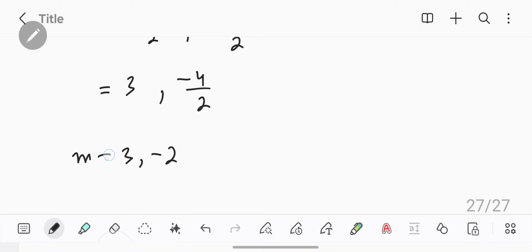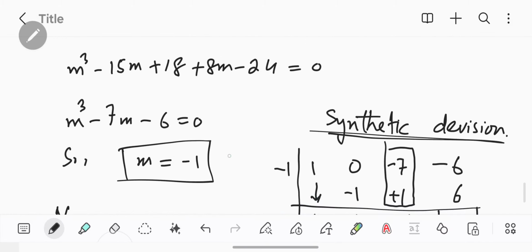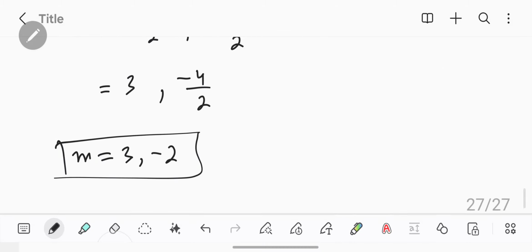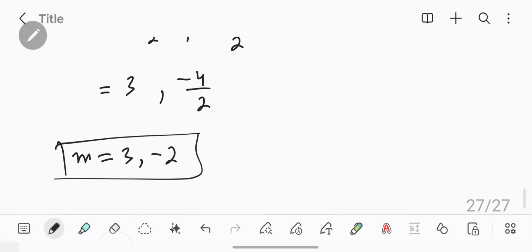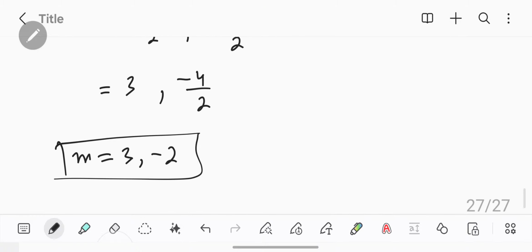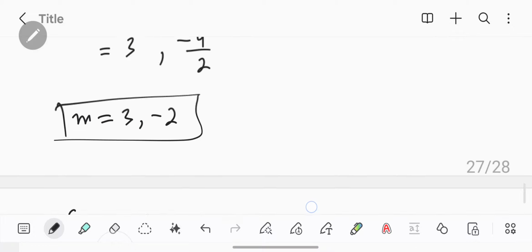So we have two values of m, 3 and minus 2. The one value was minus 1 and the other two values of m were 3 and minus 2. So the possible values of m are minus 1, 3 and minus 2.